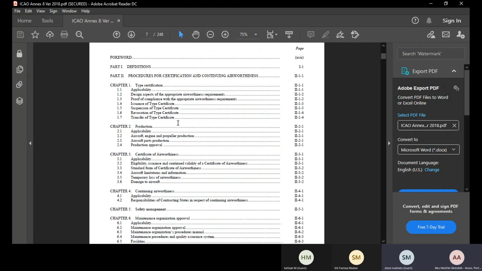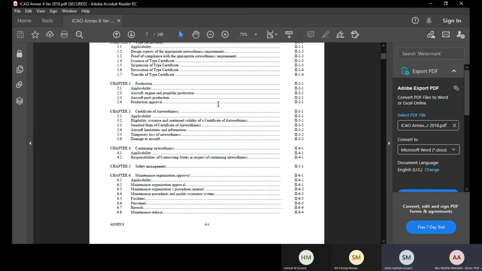This is called the technical requirement, which is published in Annex 8. So no one can have huge differences. They can have differences, but they have to file the differences. The state who are designing their own airworthiness requirement shall inform ICAO that they are not following the ICAO.